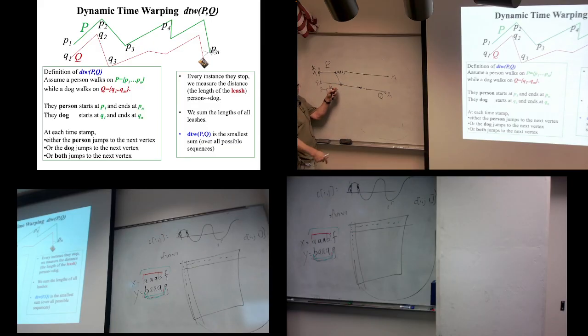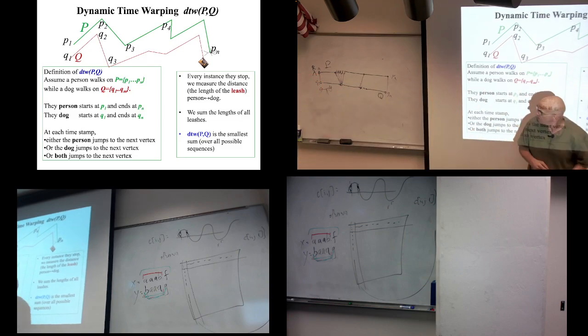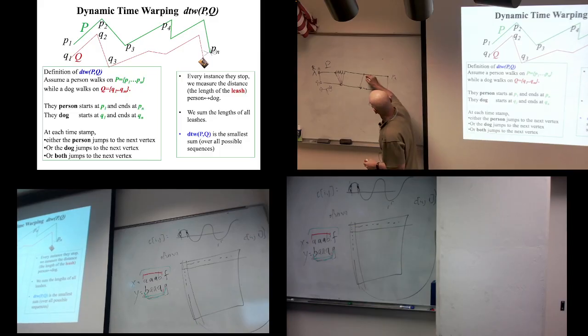To minimize the total sum of the lengths of the leashes, the dog should take a break, staying right here while I'm moving across all the vertices over here. Right? The dog should stay here when I'm moving across all these vertices. Again, summing up these lengths of leashes. Next, we both jump. Next, we both jump once again, and yeah, that probably is the best. Oh, sorry, I forgot something.